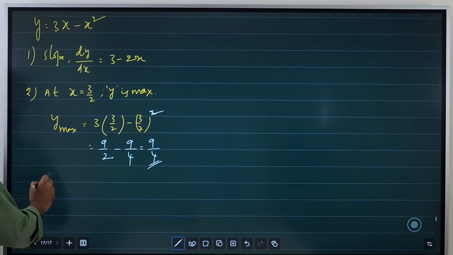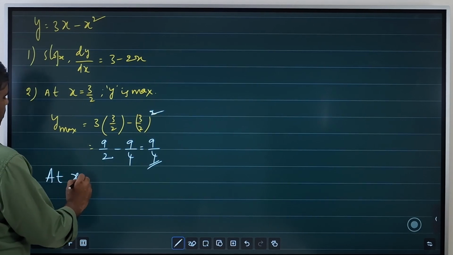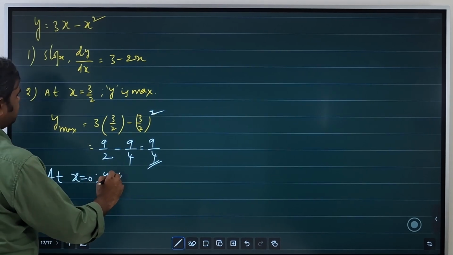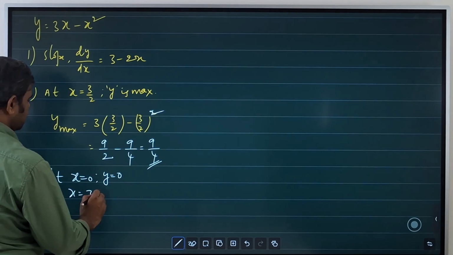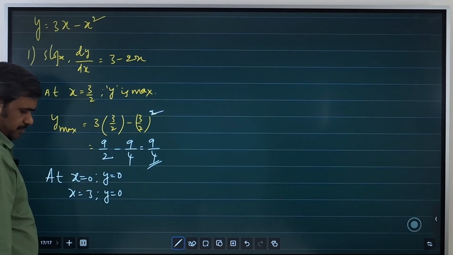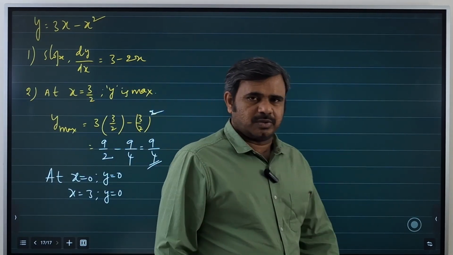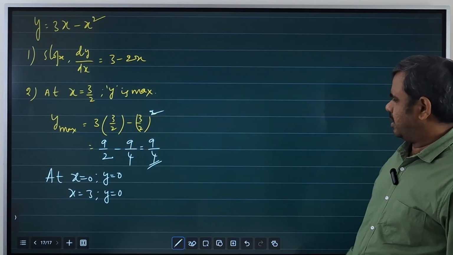At x is equal to 0, y is 0. And there is some other value at which y becomes 0, that is at x is equal to 3. At x is equal to 3 also, y is 0. So the graph cuts the x-axis at 2 points.